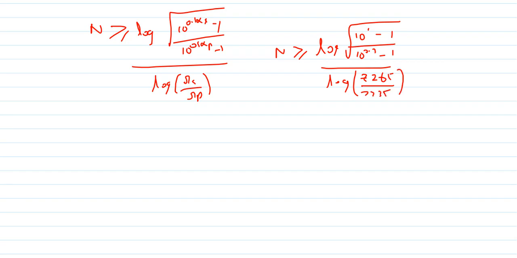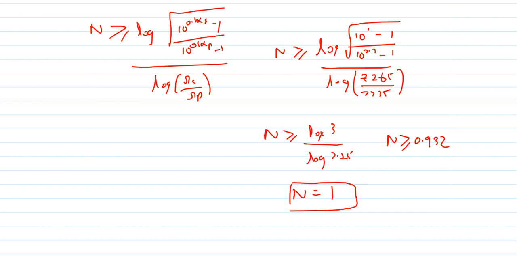Right, so n should be greater than or equal to log of 3 by log of 3.25, and if you solve for that, you will get n greater than or equal to 0.932, or n equal to 1. So the order of the transfer function is 1.